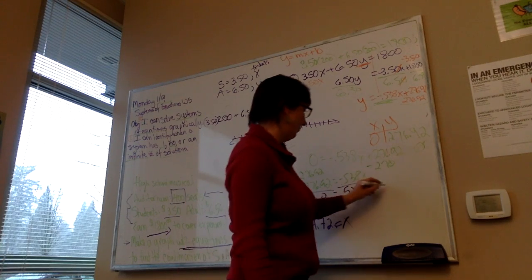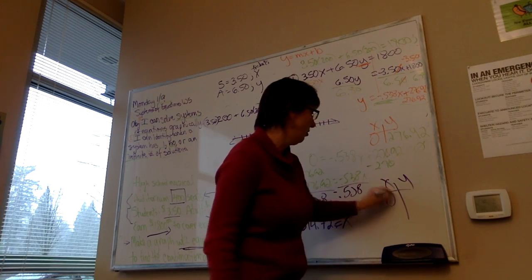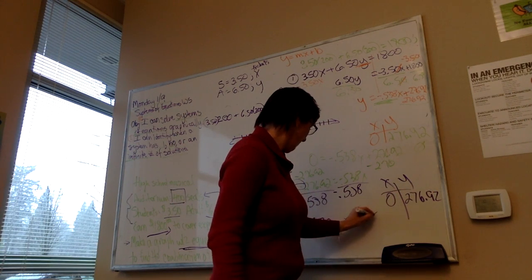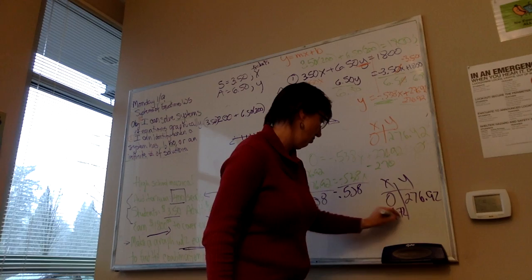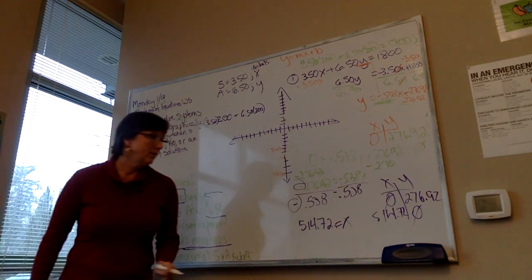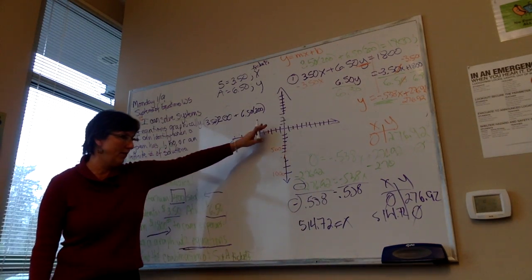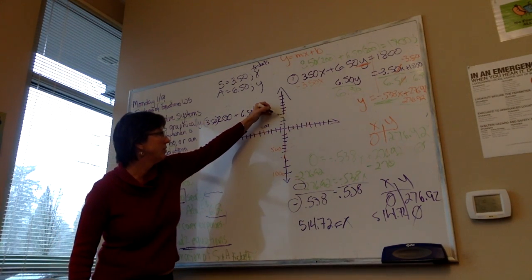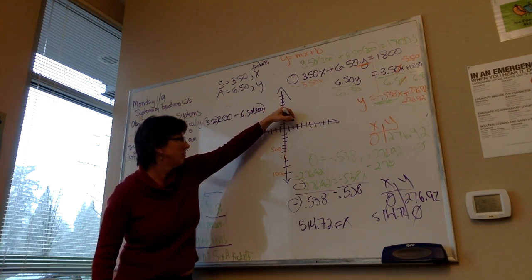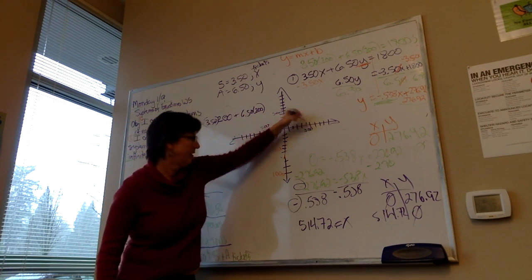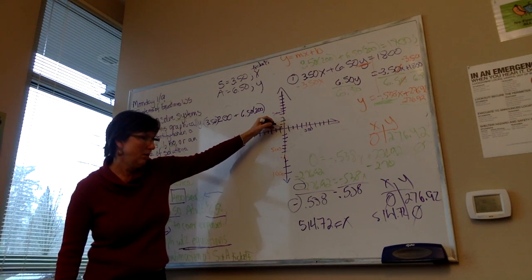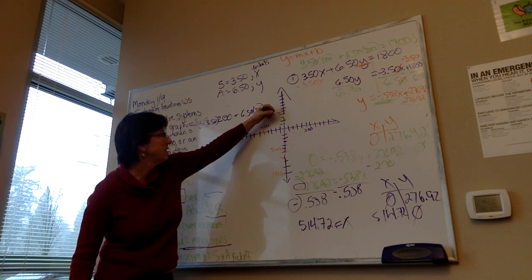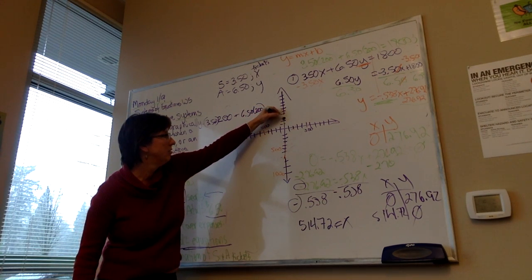So if I have my xy table, and 514.72. So using my intercepts, I can graph this now. And each one of these is 500. So when x is 0, y is 276, which is about here.